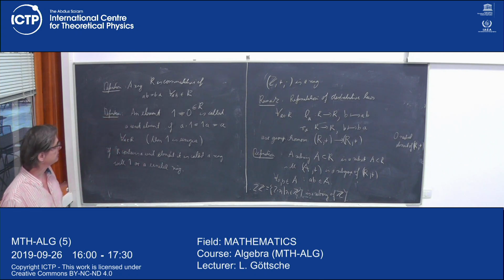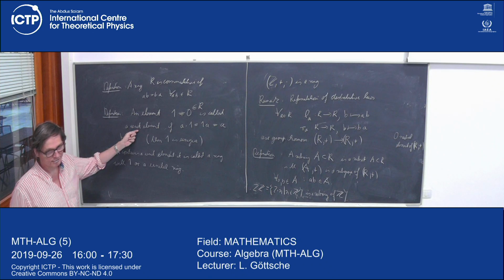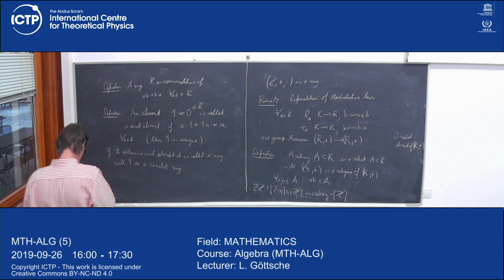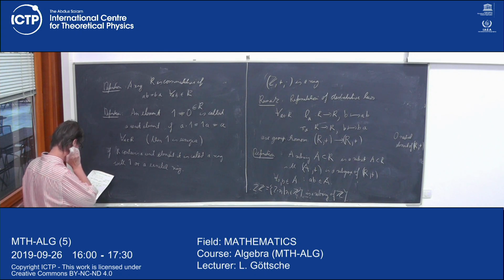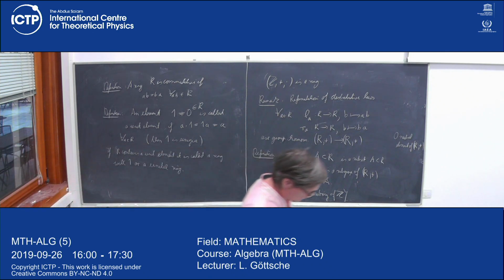This thing is called unit element. There's also the word unit, which we'll introduce in a moment, which is something slightly different, so one has to distinguish it. Mostly in future we will study commutative rings with 1, commutative unital rings, because we are more interested in those.